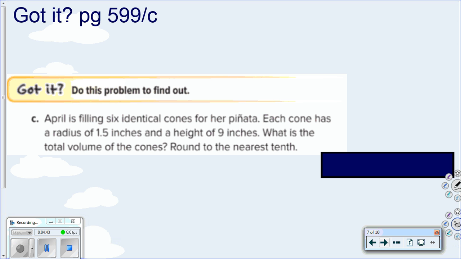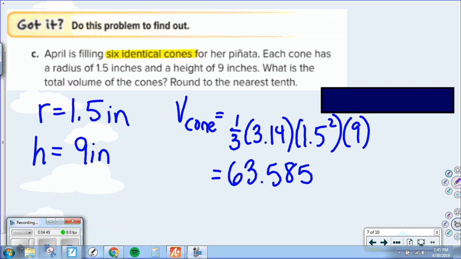All right, we have another problem in our book, 599C. I suggest drawing a picture. In this problem, what I highlighted here, 6 identical cones, is going to be very important because it talks about one cone. So the radius of one cone is 1.5 and the height is 9.